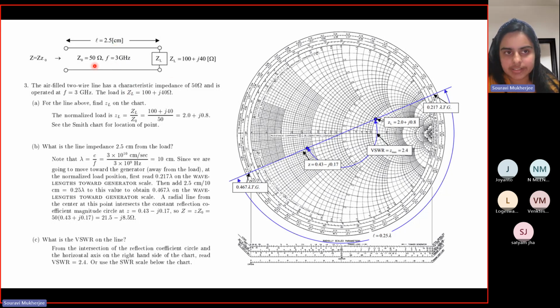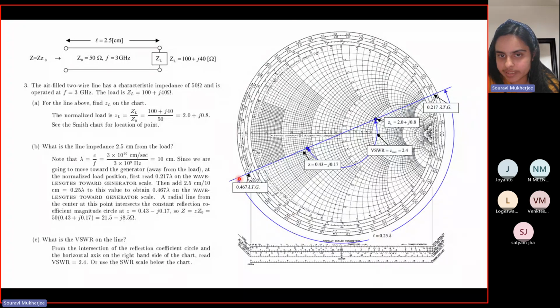Again, here Z0 is given, ZL is given, so you can try to locate the normalized load. It turns out to be somewhere here. Extend it further. Find the line impedance 2.5 centimeter from the load. When you find lambda, you know how much you have to go with respect to lambda, right? So it's 0.25 times lambda. Again, go clockwise.